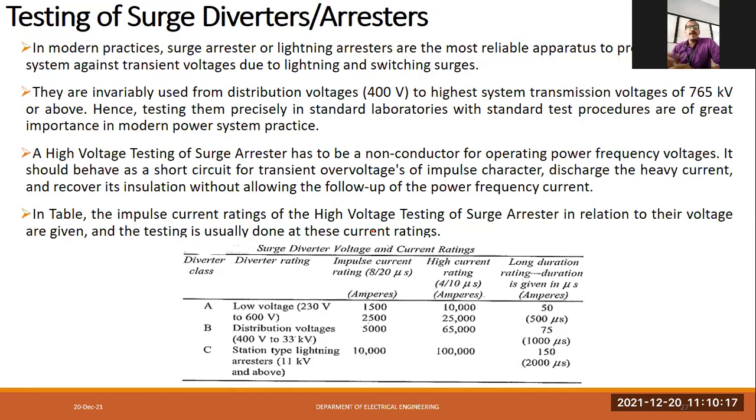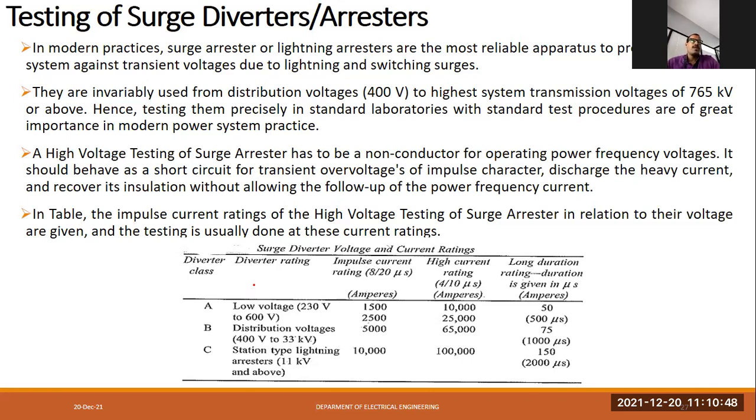Because they are required to protect our power system whenever there are transient voltages occurring due to lightning as well as switching surges. This is a very important point of discussion, and we should study the surge diverter or lightning arrestor.